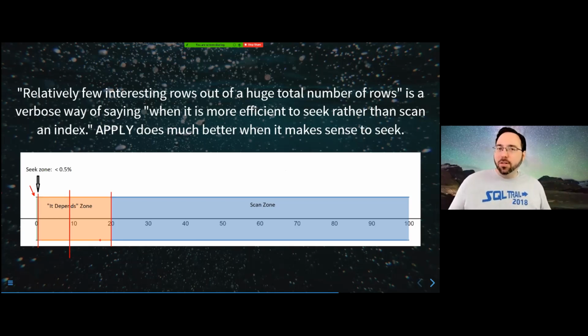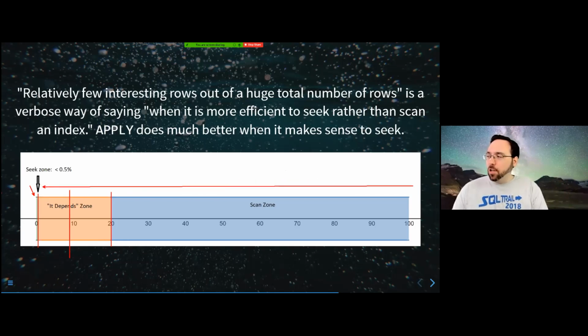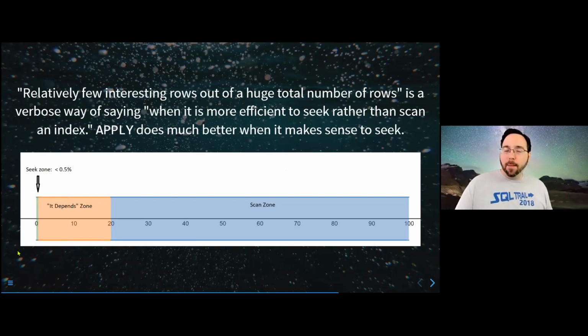Not so clearly faster that it became obvious that you need to use it. But it did become a little faster. So as we move towards smaller and smaller percentages of the data that we find interesting for a query, apply becomes better and better of a choice for us versus other operations like a window function that requires a scan.